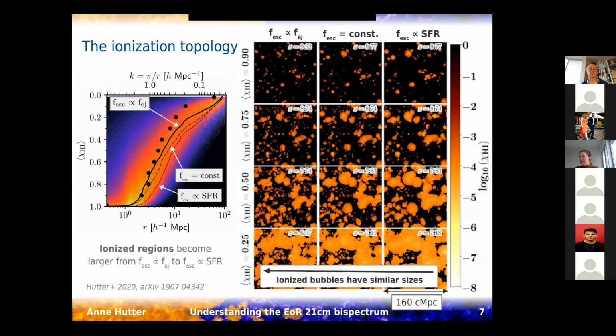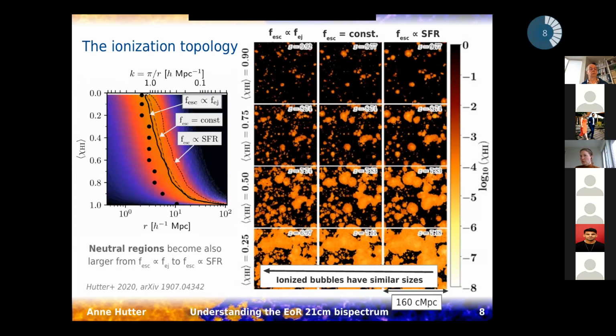Similar is actually true when you look at the neutral regions. You find exactly the same behavior. Of course, in the beginning the neutral regions are the largest, and their size decreases as the universe becomes more ionized. However, you will also find that the case in the left-hand panel has its peak of the size distribution at smaller sizes.